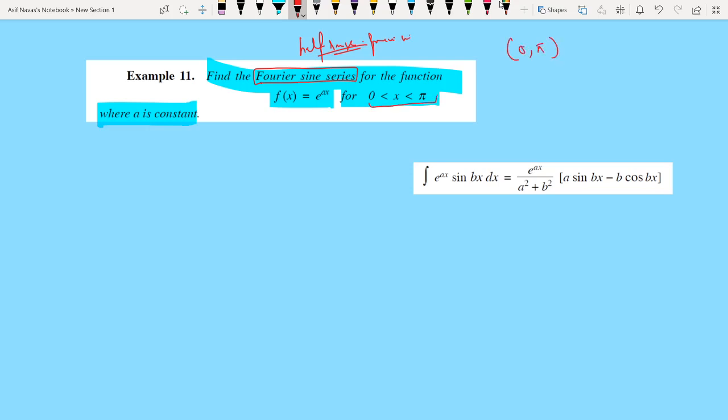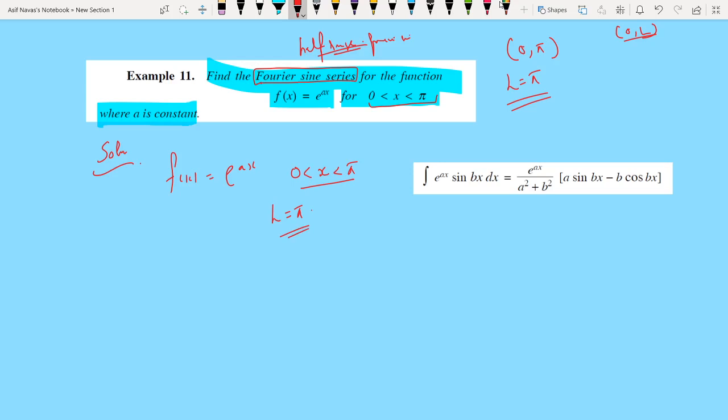That means 0 to L, so L is pi here. So we will do this problem. Given f of x equal to e raised to ax, a is a constant, on the interval 0 less than x less than pi, and from this interval we get L equal to pi.